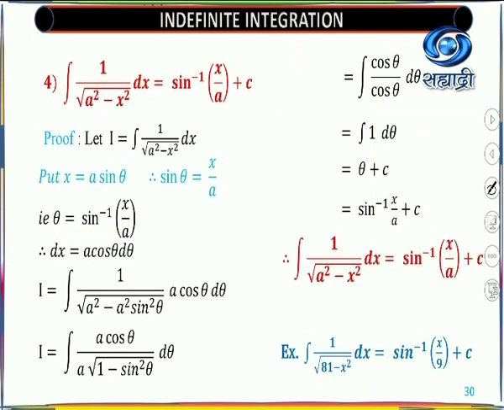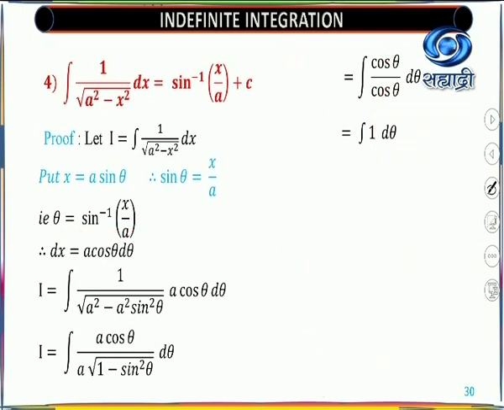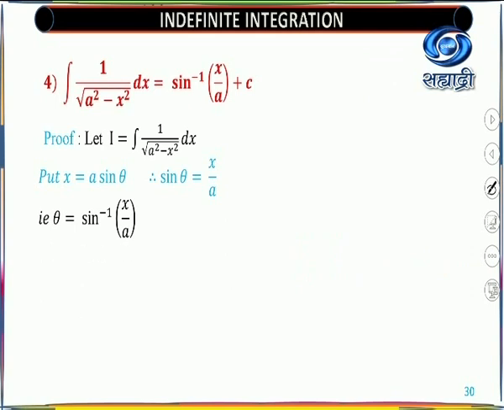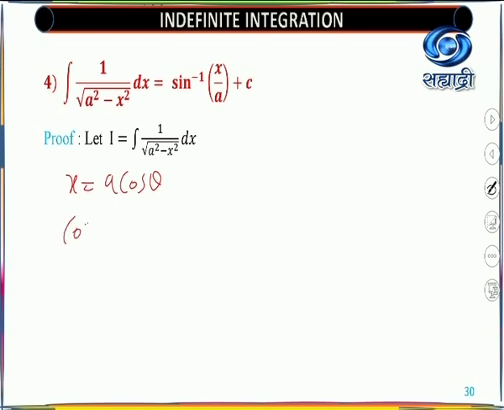We'll begin with that, our substitution is different here. So what is our substitution now? Our substitution will be x equal to a cos theta. If it is x equal to a cos theta, your cos theta will be x upon a, and theta will be cos inverse of x by a.